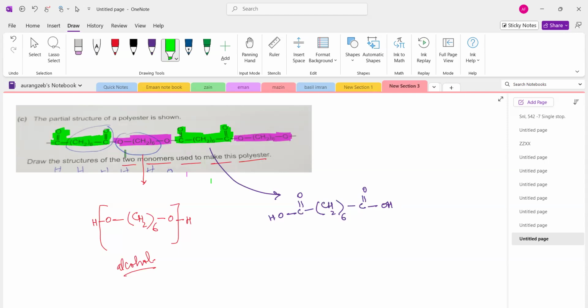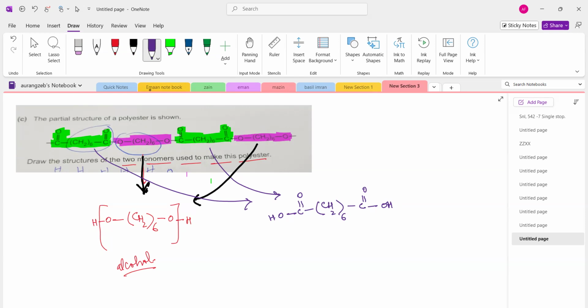So in this way, we can simply identify that these parts came from carboxylic acid and this part from the alcohol, or we can call it diols, like this, diols. Is it clear? And these came from dicarboxylic acids. Is it clear?